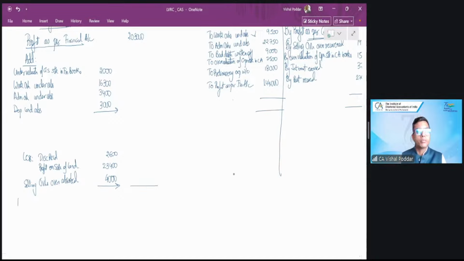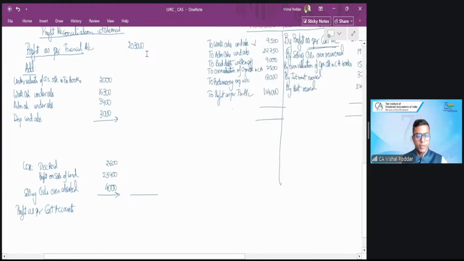So you will get your answer. Here we are also given that profit, so you can even cross verify. Let us do the workings. We have the starting point as 2,03,000.